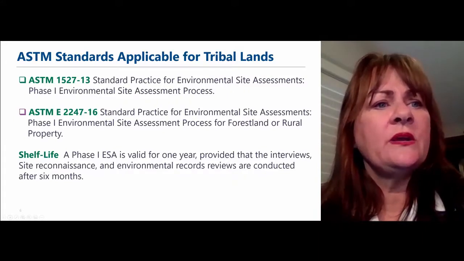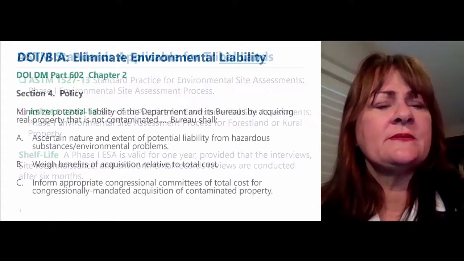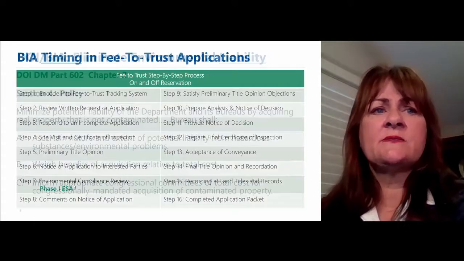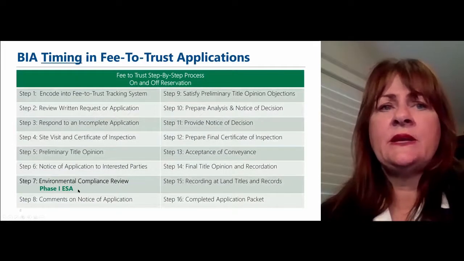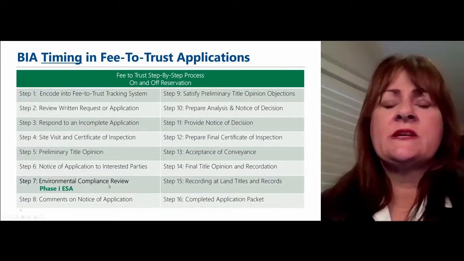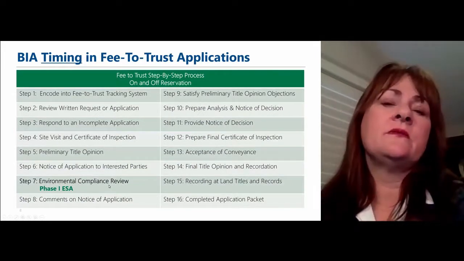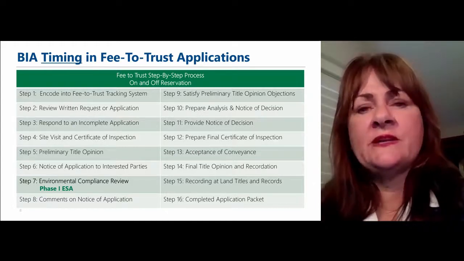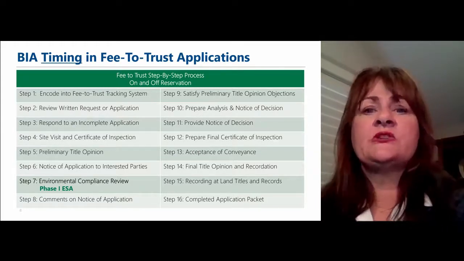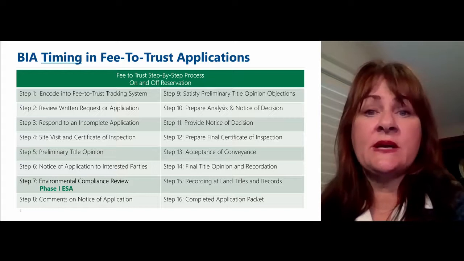And so if you get stuck in this process for longer than 6 months after step 7 is completed, then you're potentially going to have to go back and revalidate that Phase 1 ESA report, which means you'll have to go back and update some of those elements.